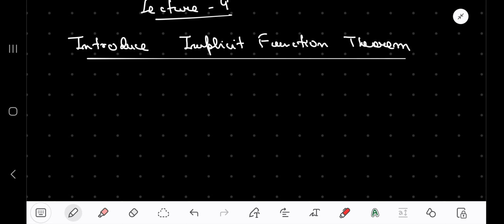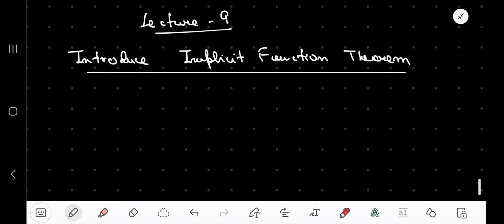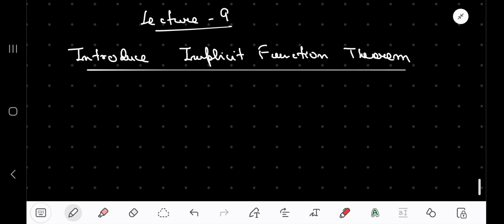So it's better to dedicate this lecture to understanding the motivation behind it, why we study the implicit function theorem, and what it actually relates to. So in this lecture we are going to introduce the implicit function theorem, that is, the notion of what it deals with technically, and in the next lecture we will give a formal proof of it. So what is an implicit function theorem?